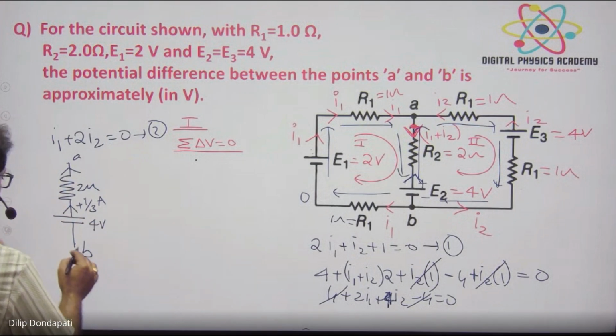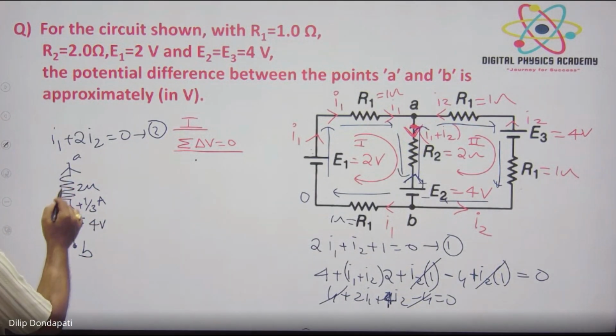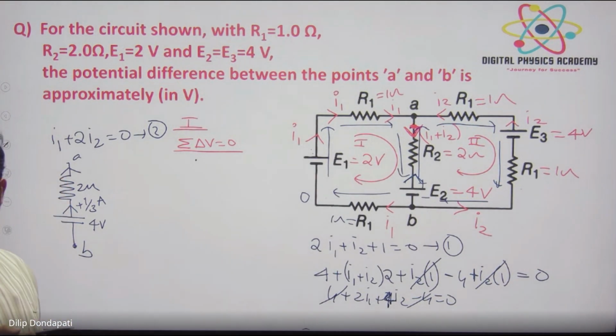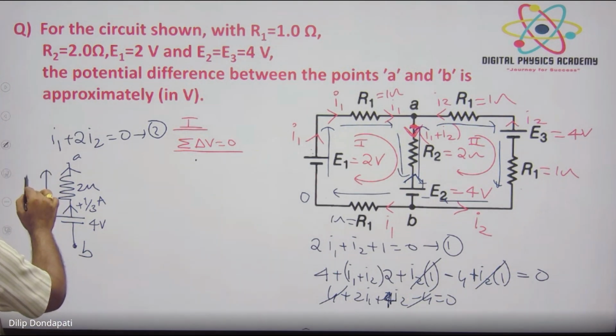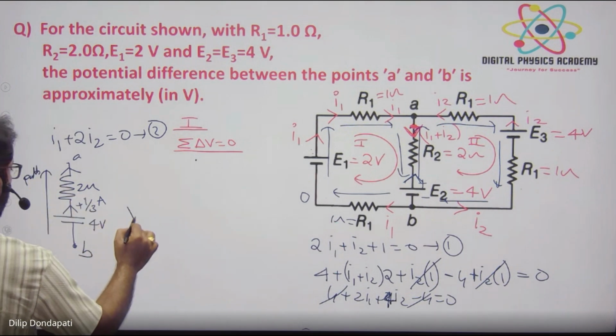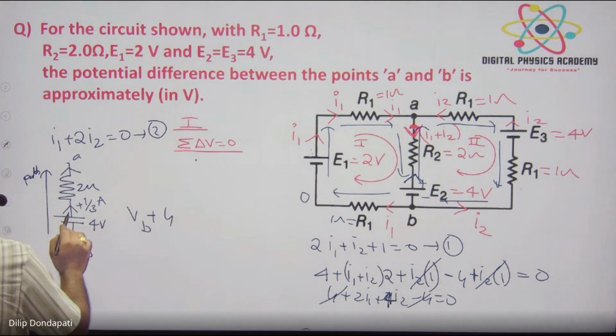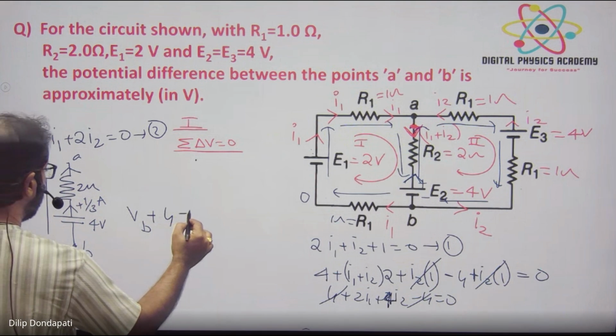देखो so here I'm starting I can go from here to here, right? I can go anywhere, right? You're going from up to down or bottom to upper? Which one? ठीक है, you're going like this path. So VB minus to plus 4 current and path are in the same direction minus IR, right?